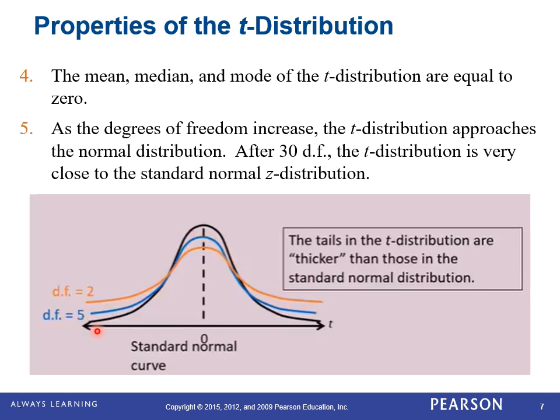And then obviously when it is greater than 30, okay, then we get more like a normal distribution there, where the ends get very, very close to the edge there, and in the middle it's a little bit taller. So notice the tails in the t-distribution are thicker than those in a standard normal distribution. So they're talking about here and here. They get a little closer to the normal as we increase that number.